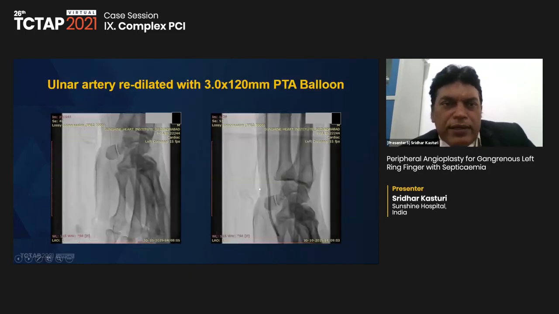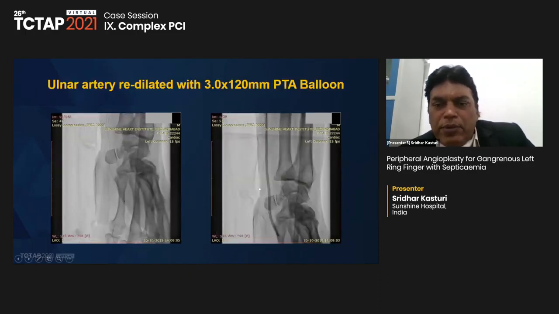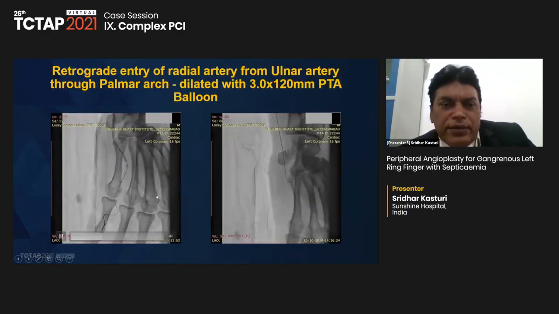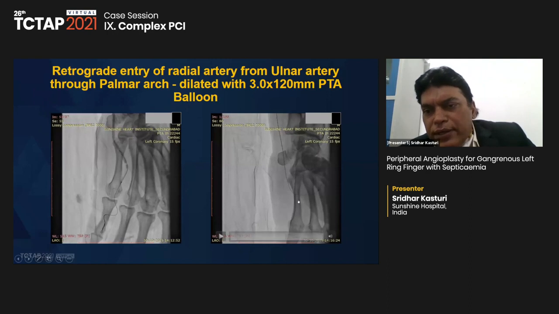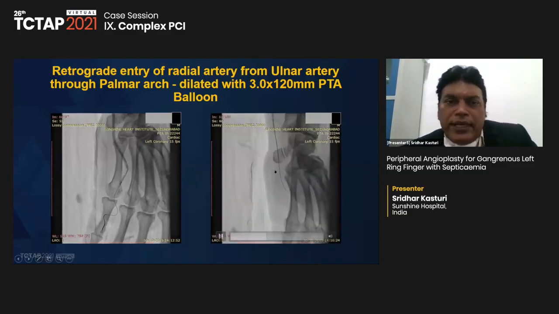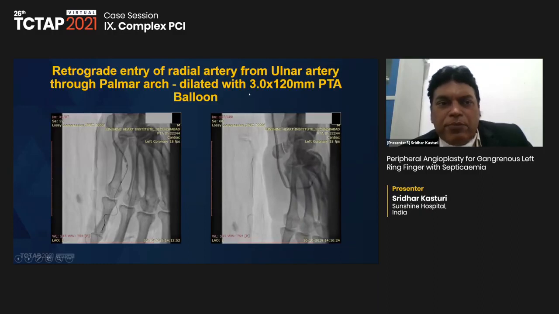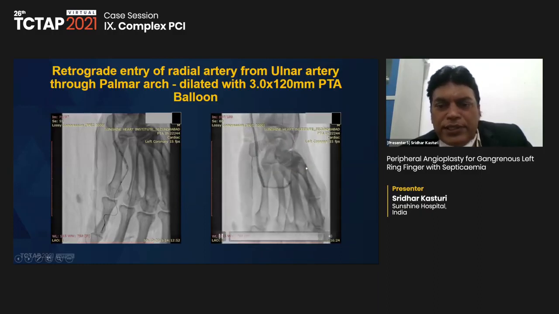Then again we redilated with a 3 by 120 mm balloon. Then we retrogradely entered the radial artery through the palmar arch, and the palmar arch as well as the radial artery were dilated with a 3 by 120 mm PTA balloon. You can see the balloon dilatation.